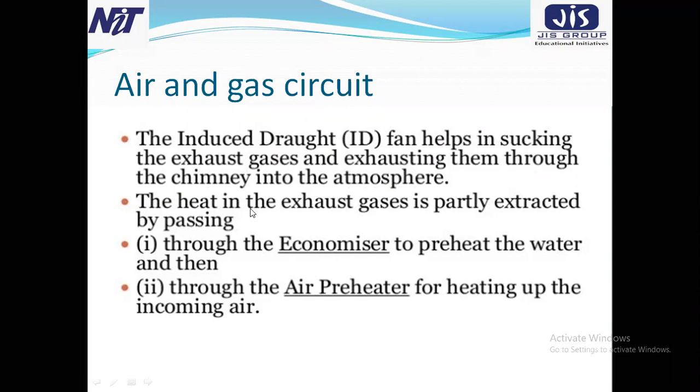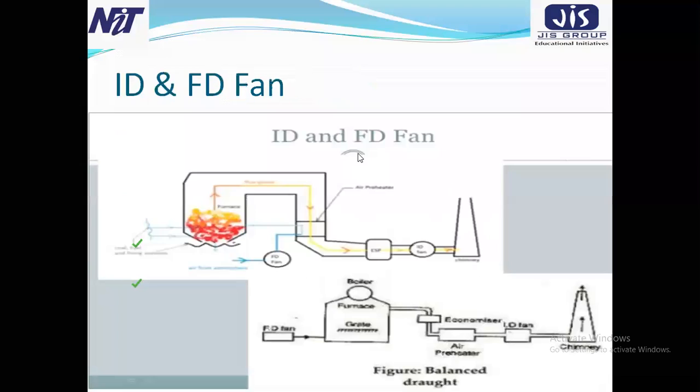Then the heat in the exhaust gases is partly extracted by passing, number one, through the economizer to preheat the water, and then through the air preheater for heating up the incoming air. So this is the overall work done by the air and gas circuit.